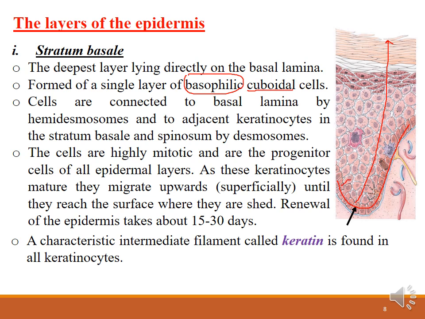As you can see here, for example, here is a dividing cell. This is a cell from the stratum basale that is dividing. One of the resultant cells will remain in the stratum basale. The other daughter cell will pass upwards, or superficially, into the stratum spinosum.